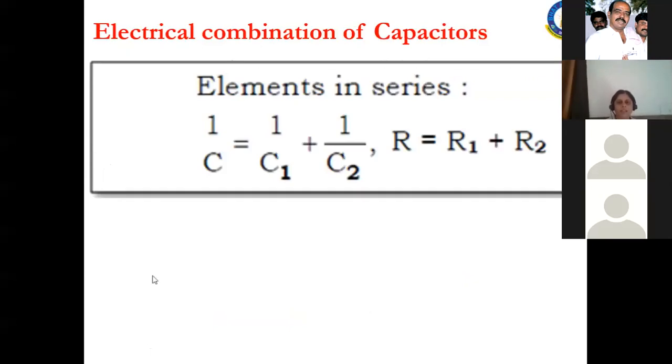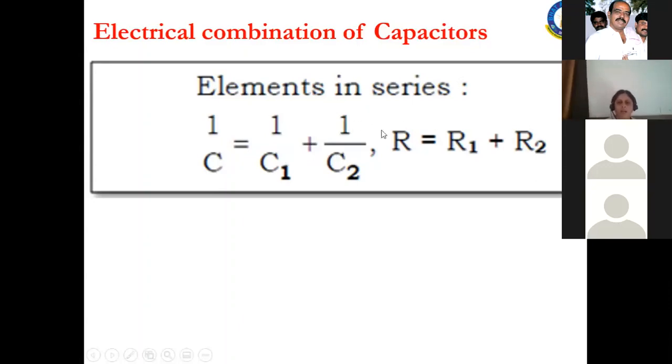If we take more than one capacitor in series, then the equivalent of the combination, that is the single capacitor with which we can replace the combination, is given by 1 by C equal to 1 by C1 plus 1 by C2. That means the reciprocal of the equivalent capacitance is equal to the sum of the reciprocals of the individual capacitors.